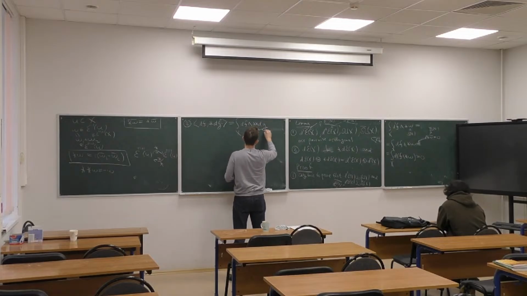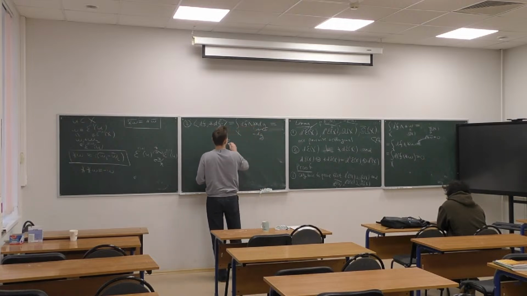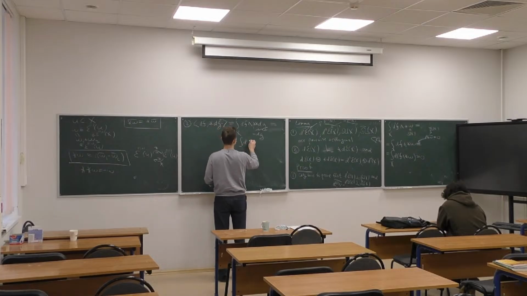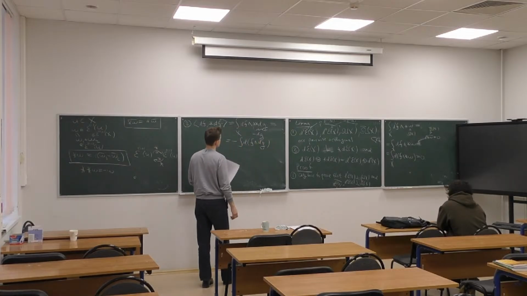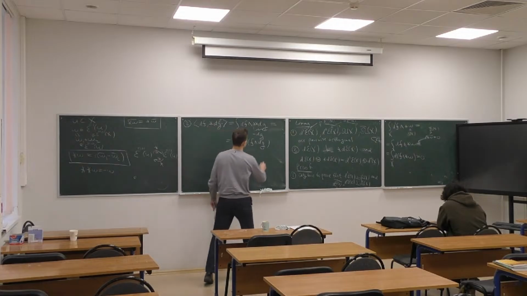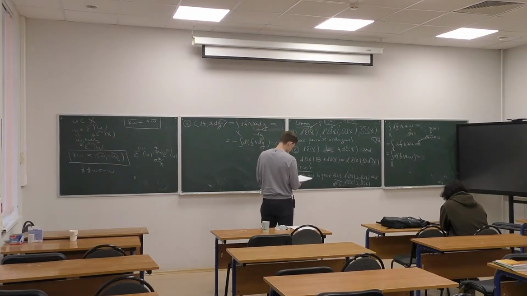And then star dg is minus dg bar, so this is equal to minus the integral of df wedge dg. And again, by Stokes' theorem, this is 0.